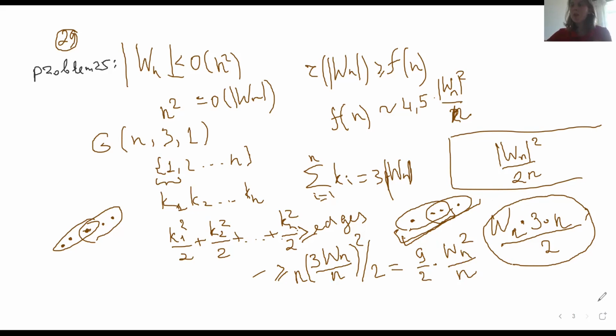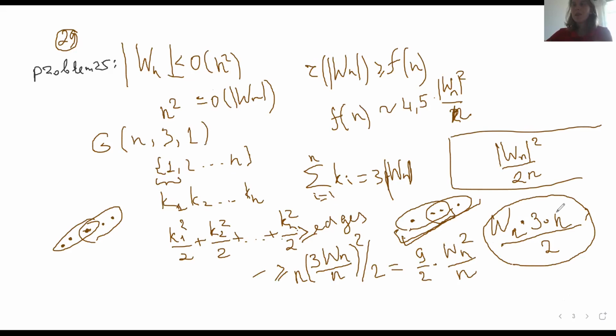So let's move to another page, and I'll now show that Wn multiplied by n is asymptotically less than Wn squared divided by n. If we prove this, then the amount of extra edges we've counted doesn't matter if n grows infinitely.